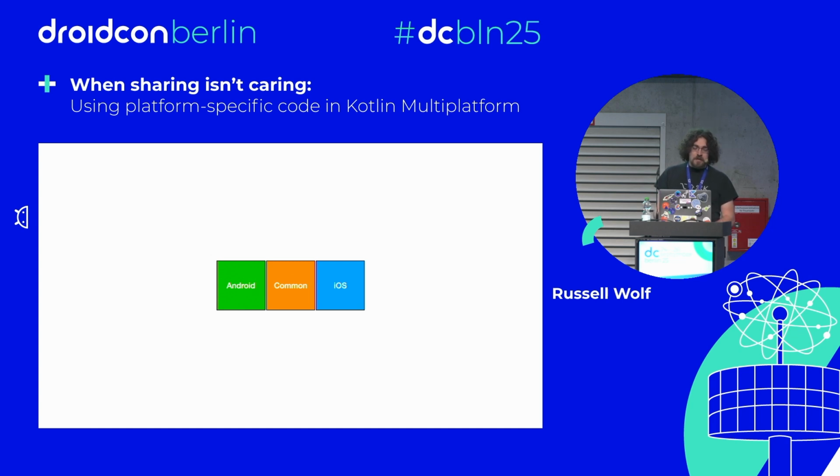But in the end, typically this is just a library module, and you'll also have some app module on top of it. On the Android side, this will be a separate Gradle module that's running your typical Android plugins and not the multiplatform one.